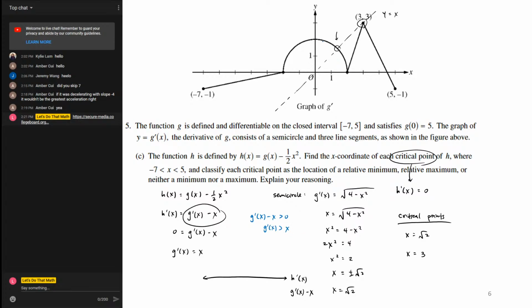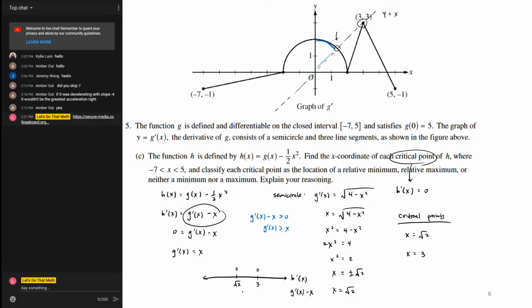And when is g prime of x greater than x? That's going to be here, because this is above this dashed portion, right? Actually it's for the entire left side, right? But I mean, we only really care about a small set of values.